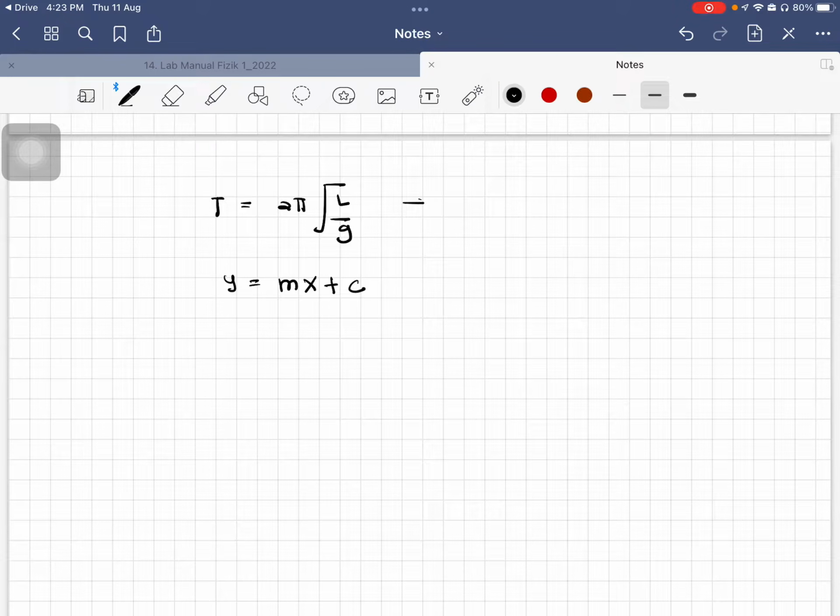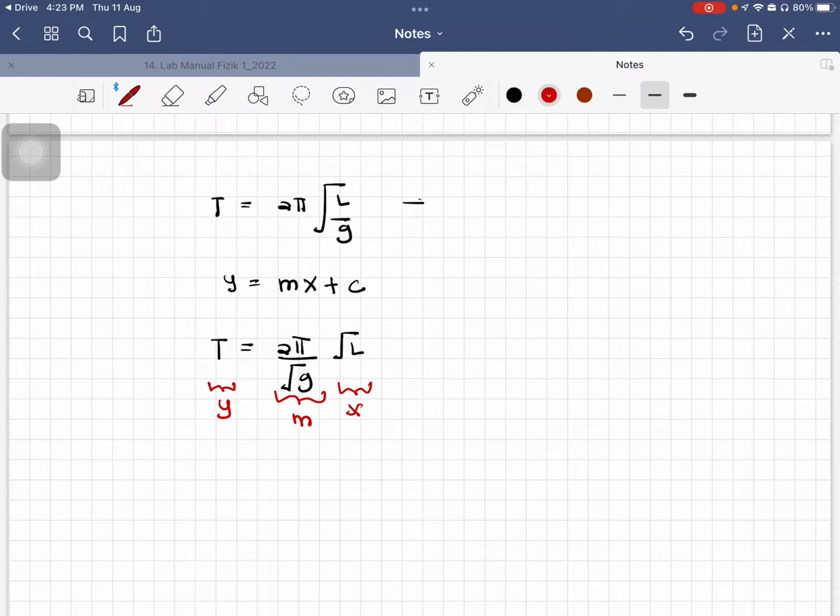So your y should be t and your x should be L. We rearrange this equation and you will have 2 pi over square root g times square root L. So now your y is t, your gradient is 2 pi over square root g, and your x is square root L.